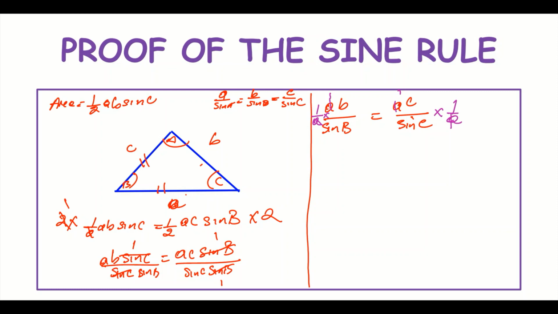So we have B over sine B is equal to C over sine C. And ta-da! Proven.